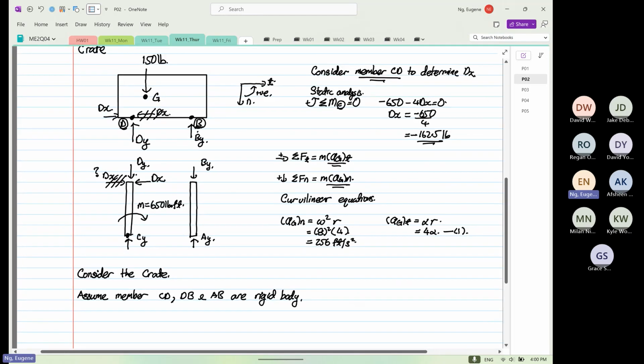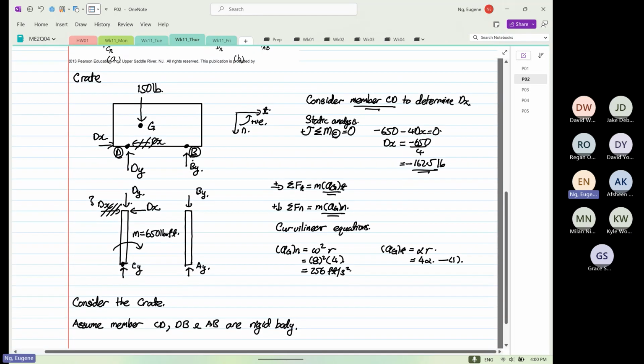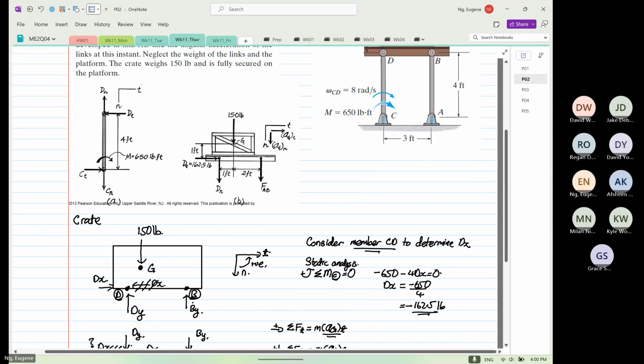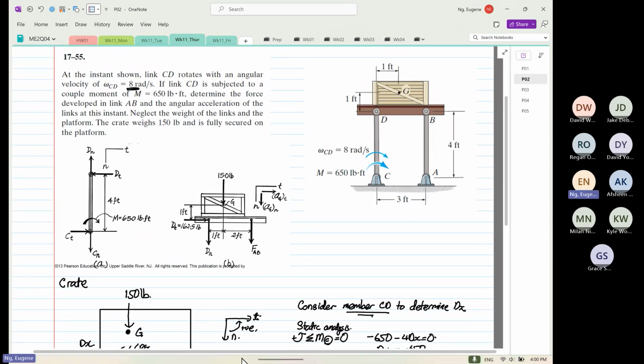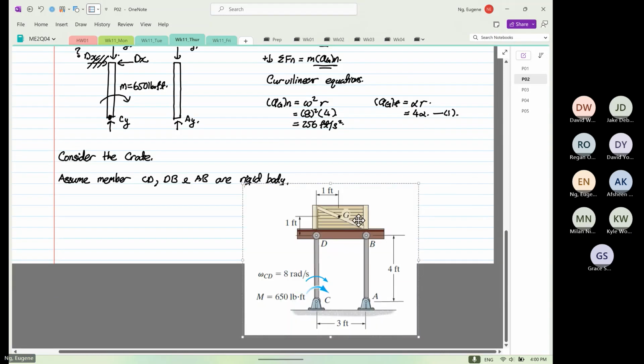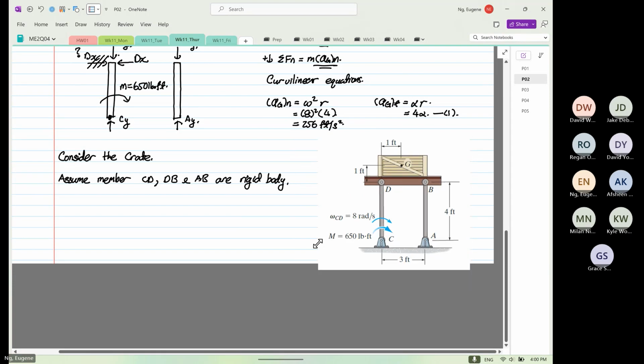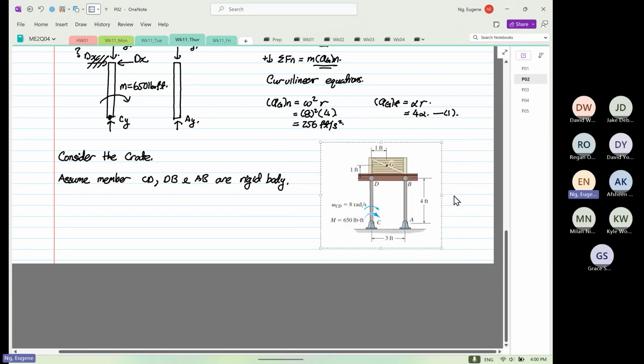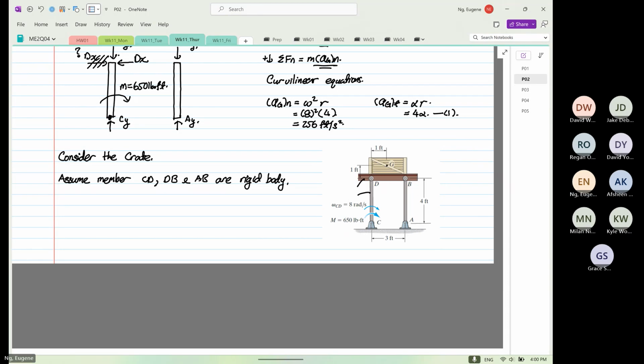So what do we mean by that? If we were to look into the diagram, let me copy and paste the diagram so you can see better. So all these are all your what? Rigid body.